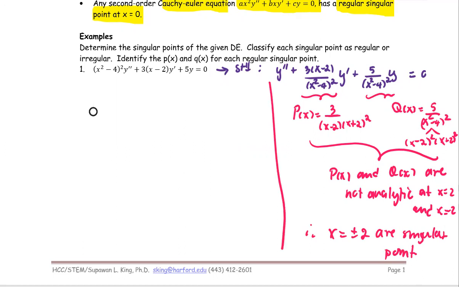And then we are going to classify each singular point as regular or irregular, starting with the point x equals 2.